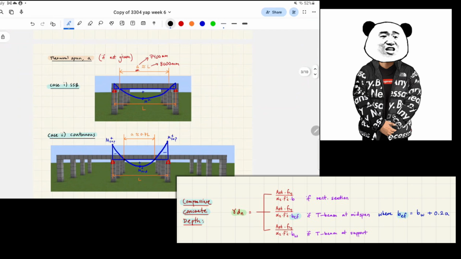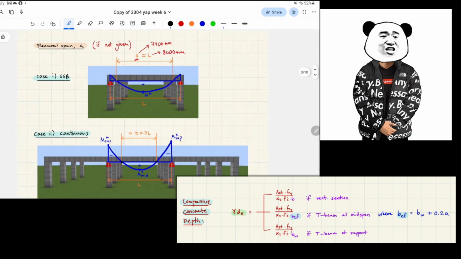Okay, here's where it gets a little stupid, because effectively, this question tells us we have a simply supported beam like this, right? It tells us the flexural span is 7,400 mil, and it tells us the actual span is 8,000, right? And for BEF, our calculation of how much web width we have, it's a function of A, right?